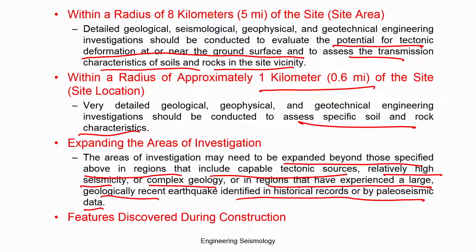Raghukant, in one of his papers, quoted this regulatory guide and used 300 kilometer as the seismic study area for the analysis, I think for Mumbai city or Delhi city somewhere. So this was the first work where they officially considered the seismic study area.